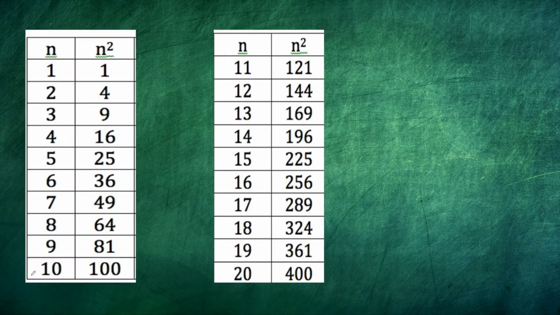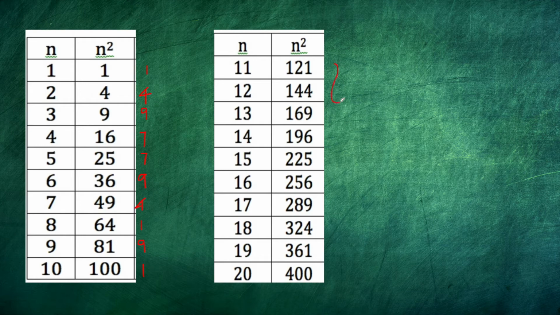One more important use of digital sum is determining if a number is a perfect square or not. From the given table, find the digital sum for perfect squares. Here 1, 4, 9, and 16 gives 1 plus 6 is 7, 25 gives 2 plus 5 is 7, 36 gives 3 plus 6 is 9, 49 gives 4 plus 9 is 13, again 1 plus 3 is 4, 64 gives 6 plus 4 is 10, so 1, 81 gives 8 plus 1 is 9, and 100 gives 1.